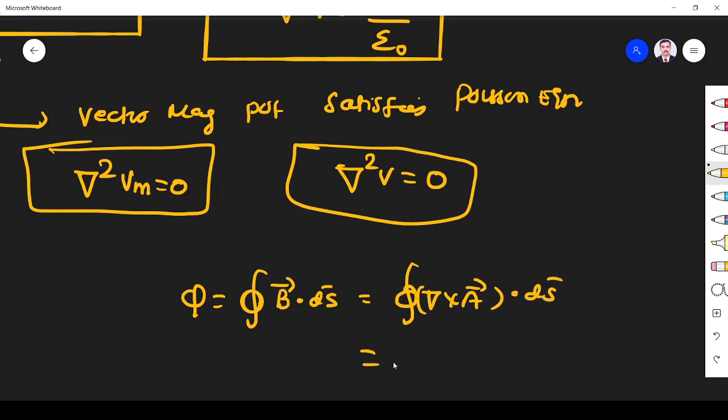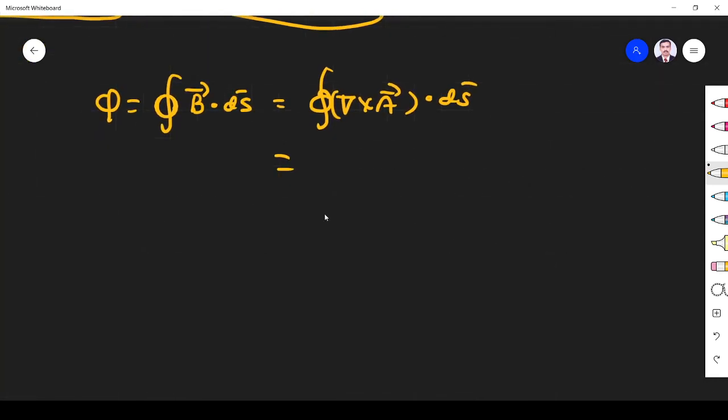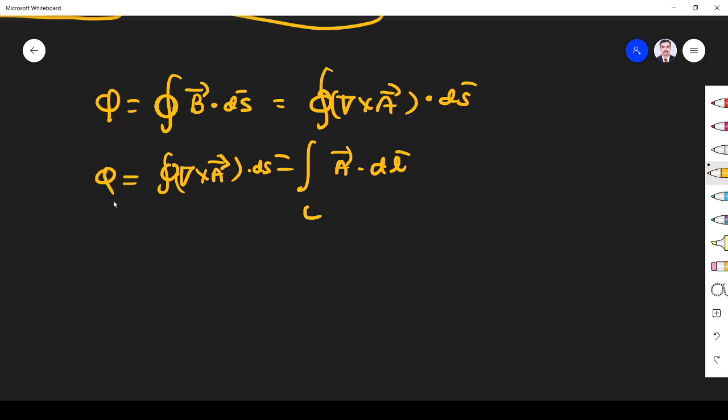If I want to write in terms of line integral, I have to use Stokes theorem. Stokes theorem relates the surface and line integral. Del cross A dot ds is equal to closed integral of A dot dl. So that is equal to phi. This implies phi is equal to closed integral A dot dl.